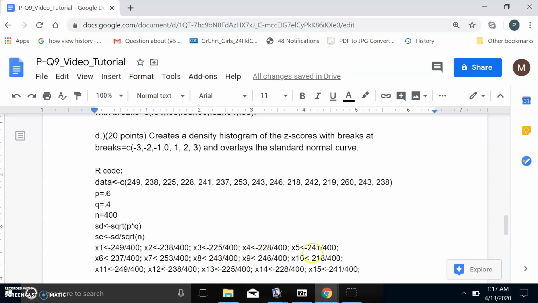We left off at 218, so the next one would be 242. 242, 219, 260, 243, 243, and lastly 238.